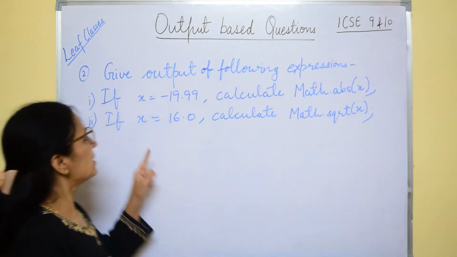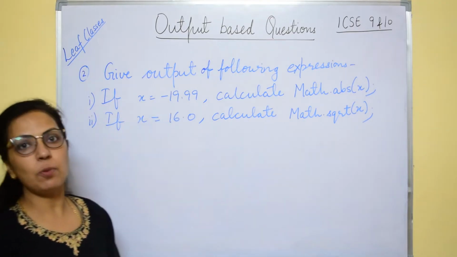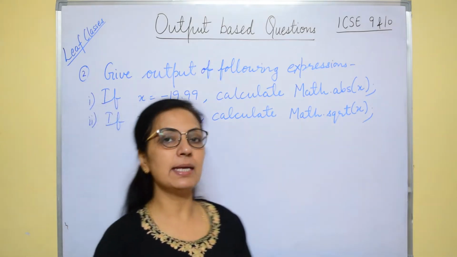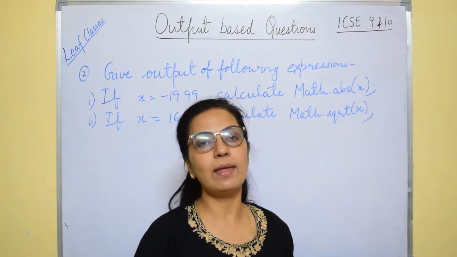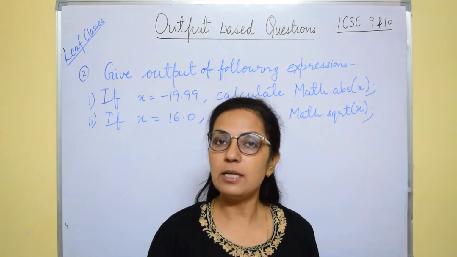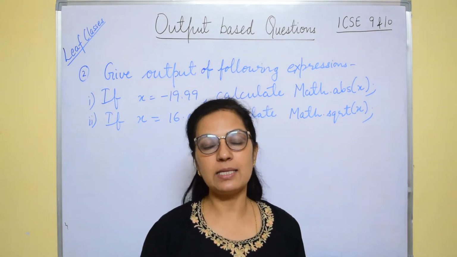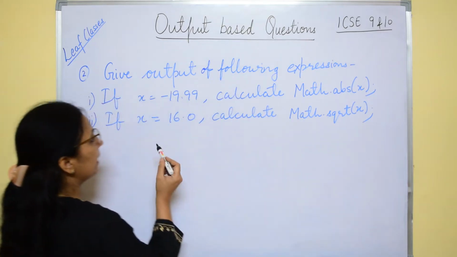The next question says if x equals to minus 19.99, calculate Math.abs of x. The abs function is used to give the absolute value of the given number. Absolute means without any sign. It will not take any sign; rather it will remove the sign of the given number.